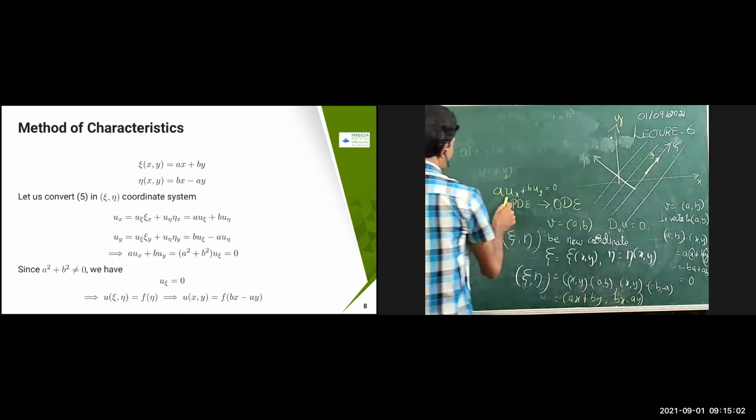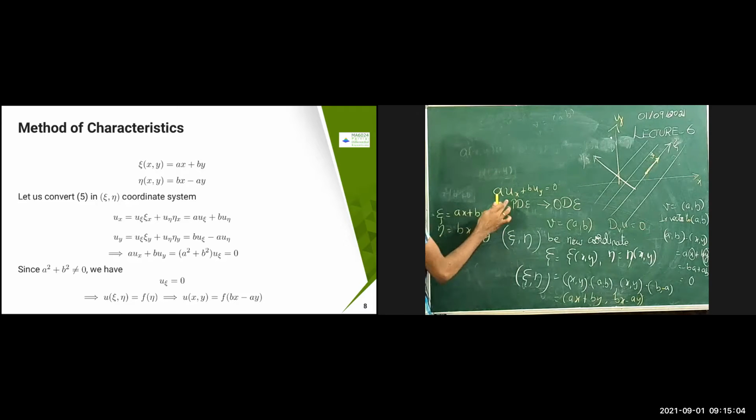Because my problem setting is I'm no longer sitting in the xy plane. I'm sitting in the chi comma eta plane. Therefore, this problem should also be converted into that chi comma eta plane. For this, suppose I have to transform this one, what you need to do is calculate what is your ux in this coordinate system. So how do we calculate ux?